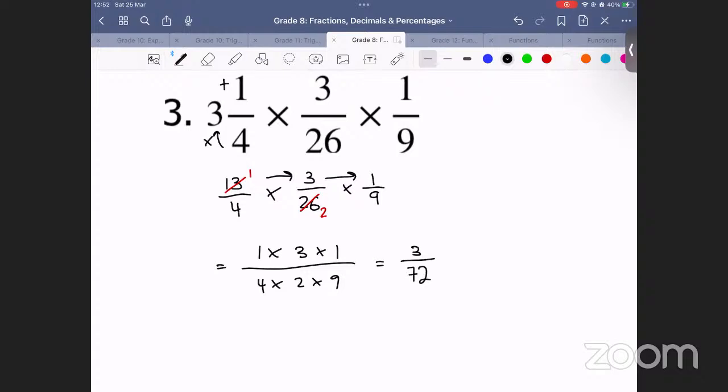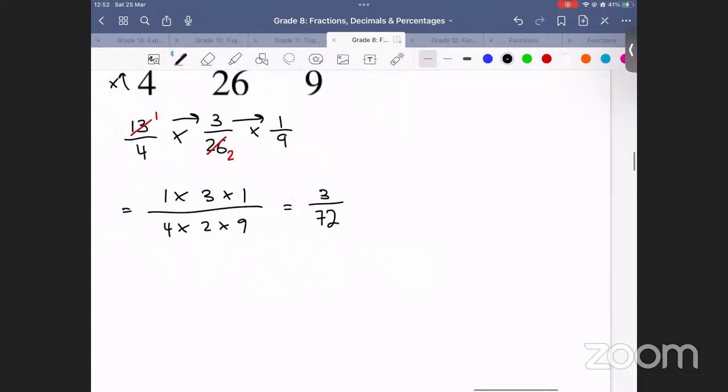Let's check. Something isn't right. No, I think it's right.